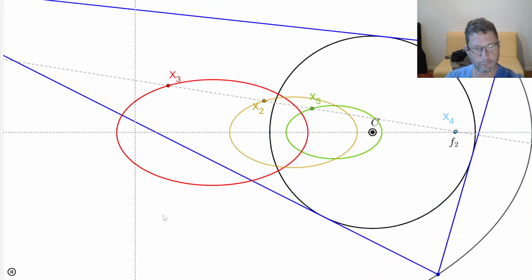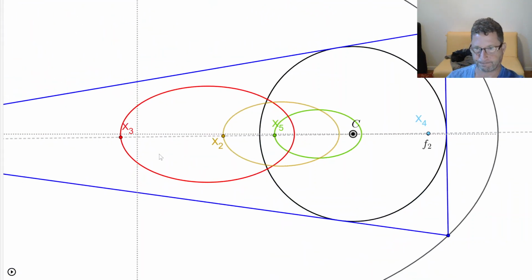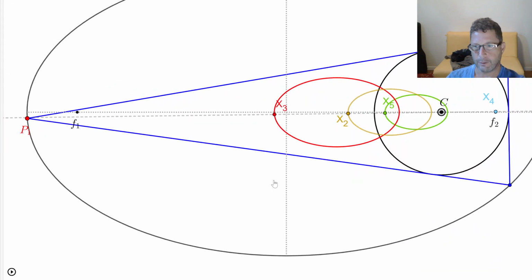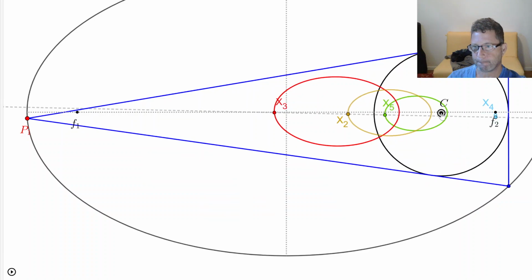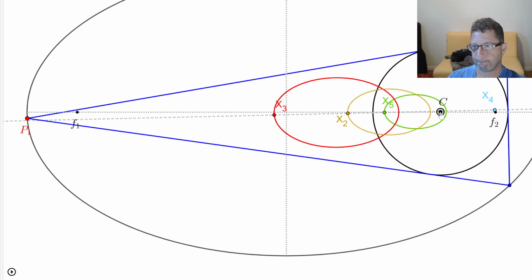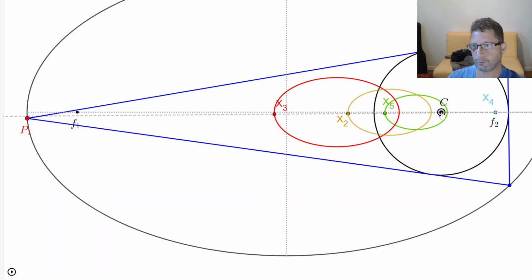Now you see two other phenomena here. First of all, it's going to be hard to do this by hand like that.